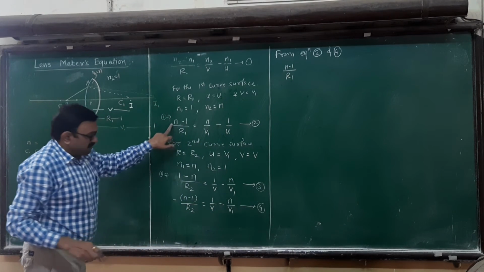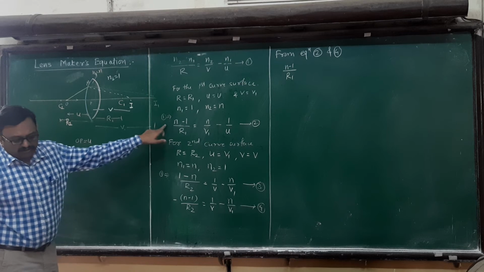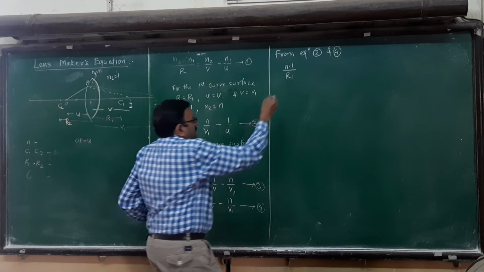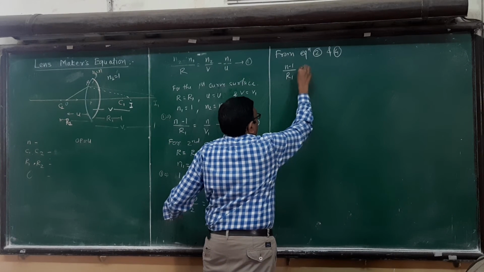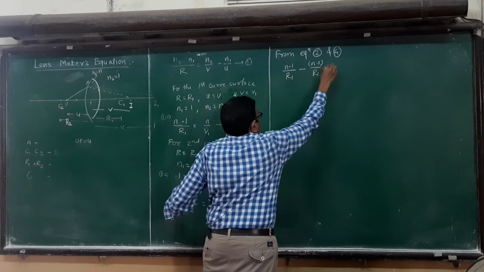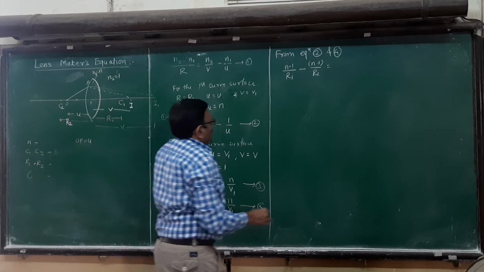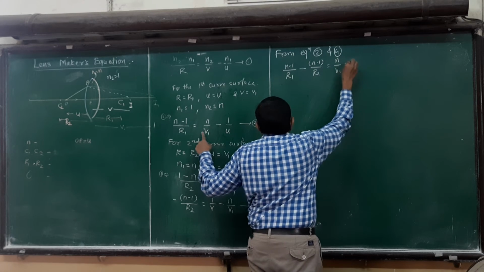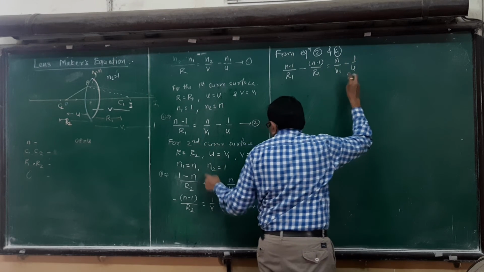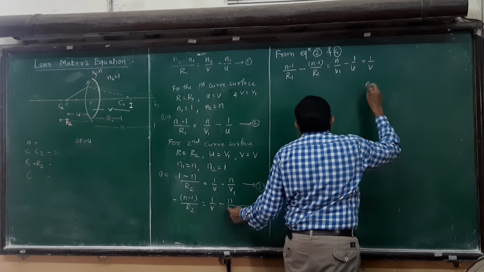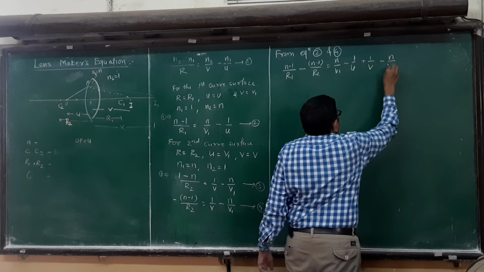This one is the LHS. We add both these equations. Therefore, (N minus 1) upon R1 minus (N minus 1) upon R2 is equal to, on the RHS, N upon V1 minus 1 upon U plus 1 upon V minus N upon V1.